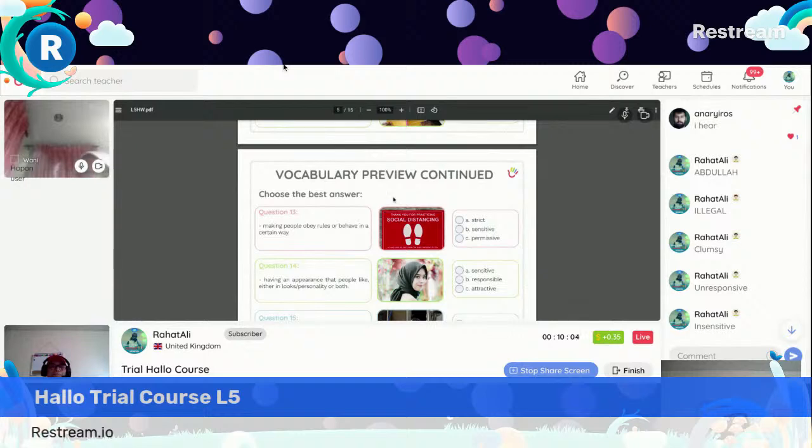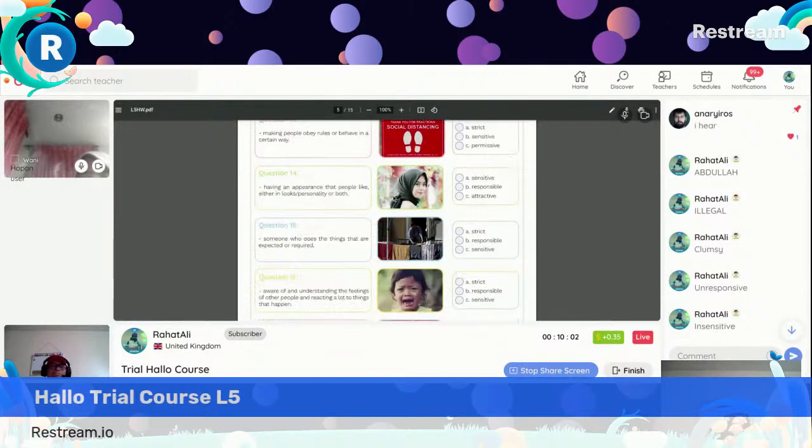All right. 14, having an appearance that people like either in looks, personality, or both. Attractive.